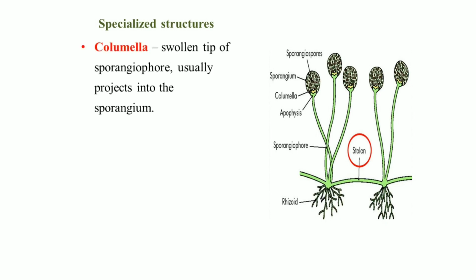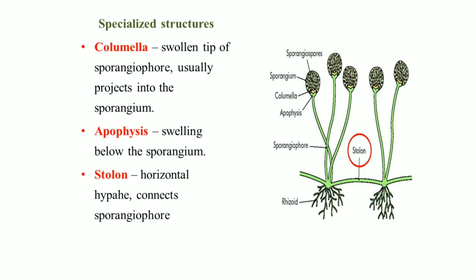Columella. Swollen tip of the sporangiophore that usually projects into the sporangium. Apophysis. Swelling below the sporangium. Stolon. Horizontal hyphae that connect sporangiophores. Rhizoid.